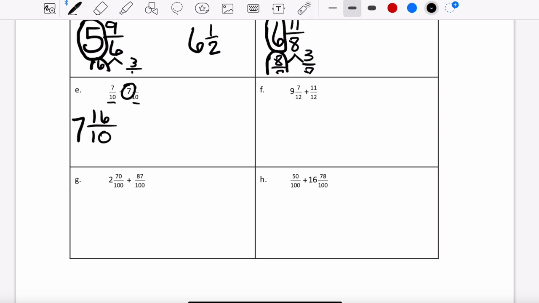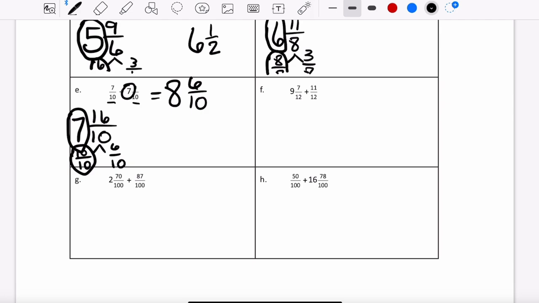Now we have to break it apart to a mixed number. So we would have 10 tenths and 6 tenths left. So we take 7 plus the 1 whole, which equals 8 wholes and 6 tenths.